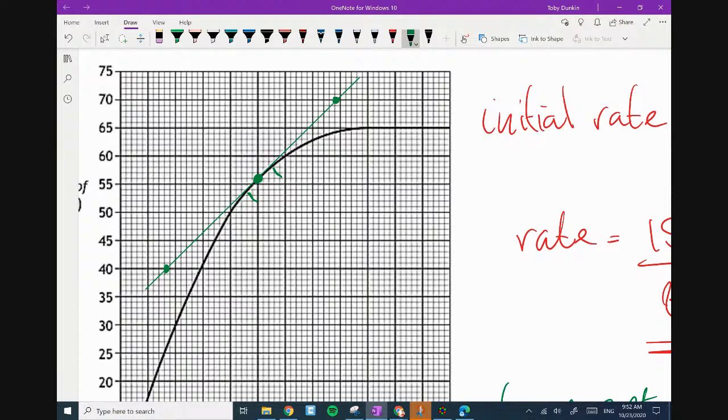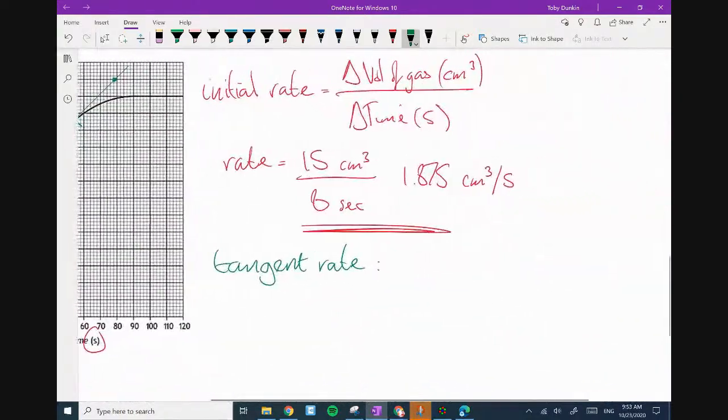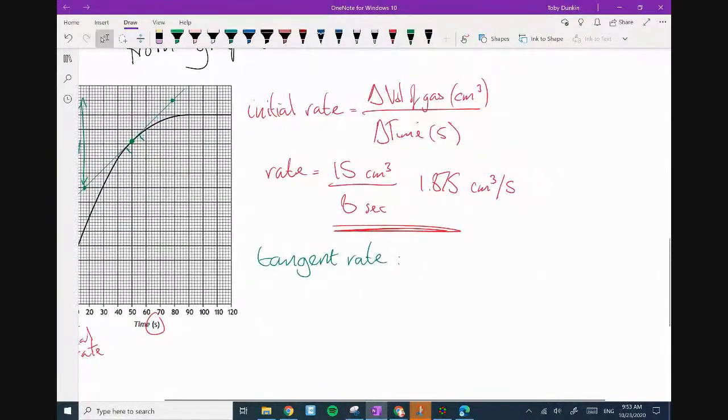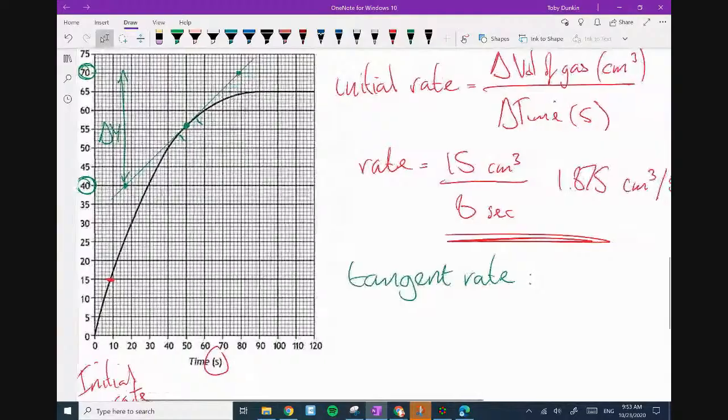So what I've done is I've picked a delta y here, guys. That's easy. I'm going from 40 on the line to 70 on the line. So I can clearly see that that's going to be a delta y. Now remember, gradient is delta y over delta x.